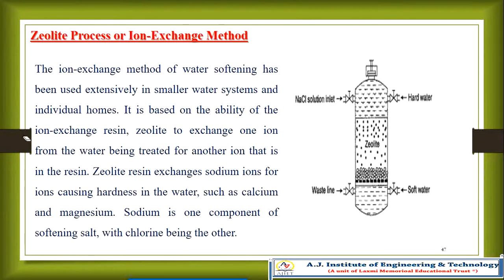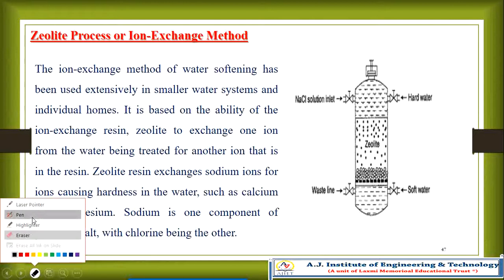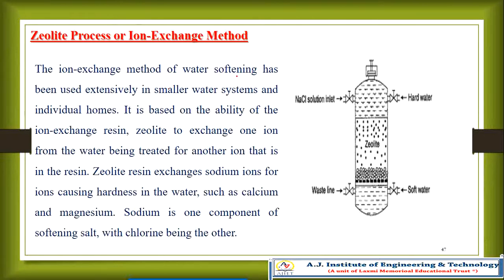The ion exchange method of water softening has been used extensively in smaller water systems and individual homes.